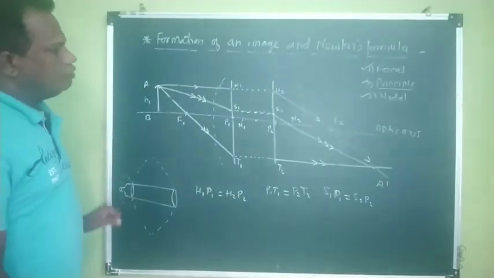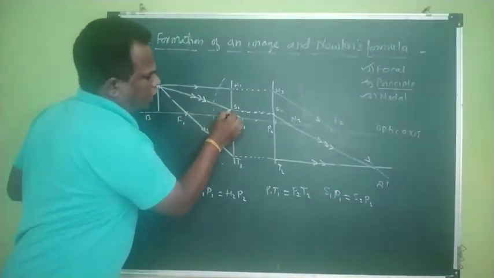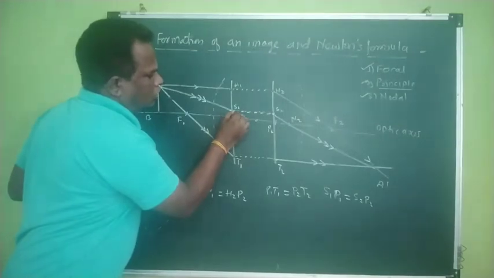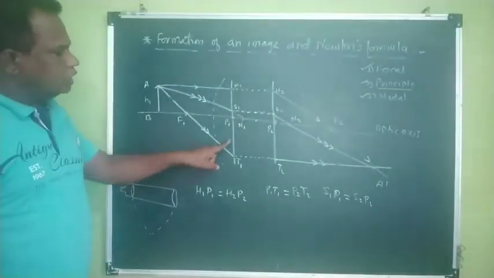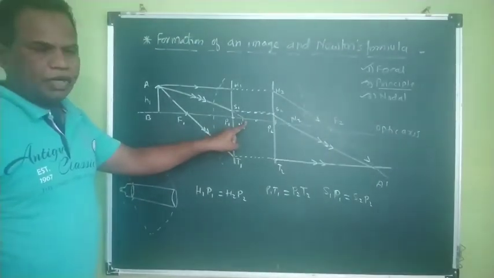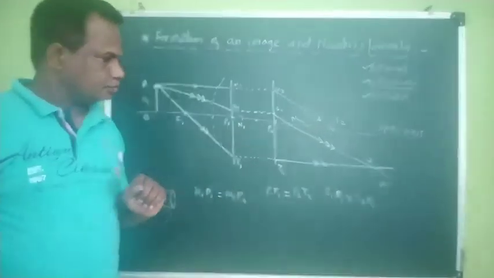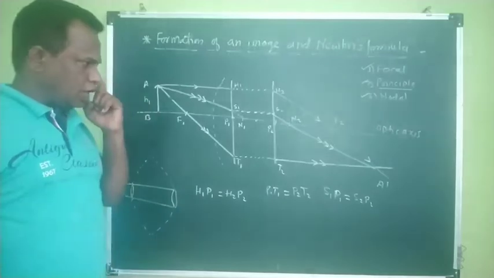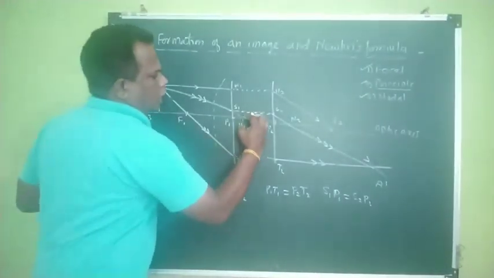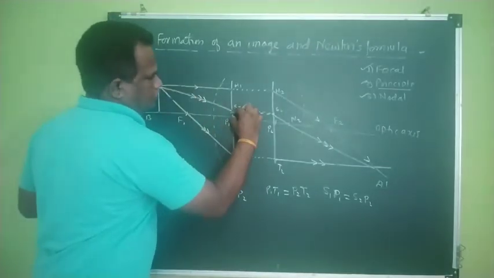Now, if the incident ray is extended forward, that is drawn up to the axis by a dotted line, it will touch at point N1. This point N1 is called the first nodal point, whereas N2 is called the second nodal point. So when you put your eye here, then you will observe the object.